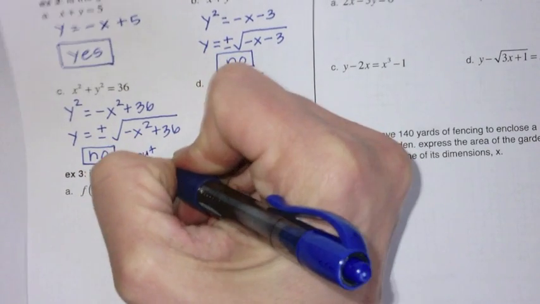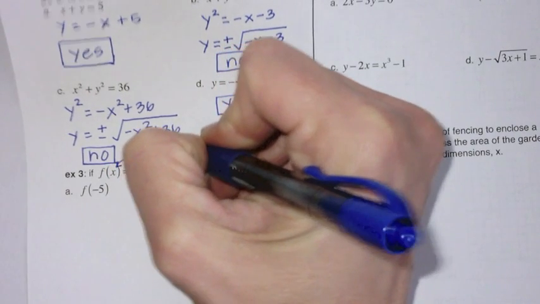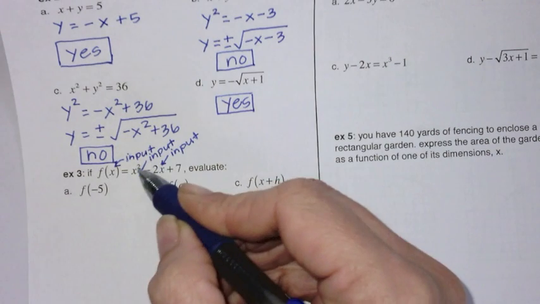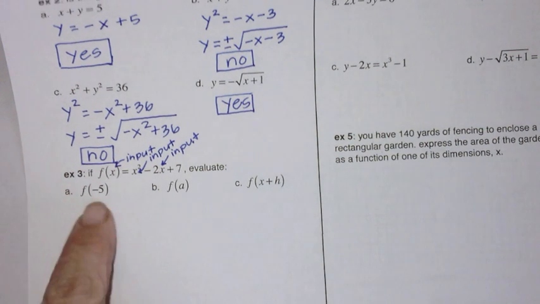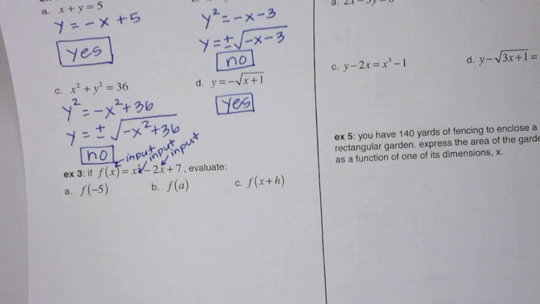Wherever there is an x on the other side, those are also inputs. So we don't just add the -5 in, we have to take the x out and input the -5 because this says the input is -5, so everywhere there is an x, we do that.